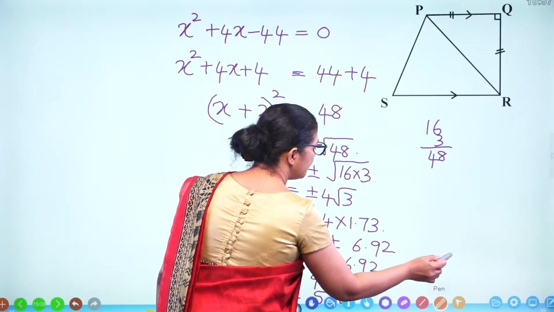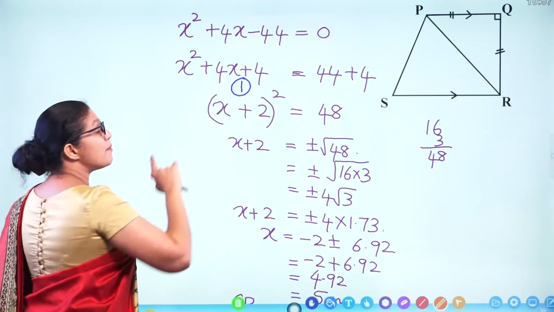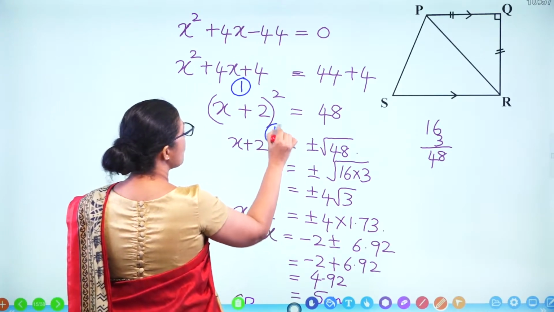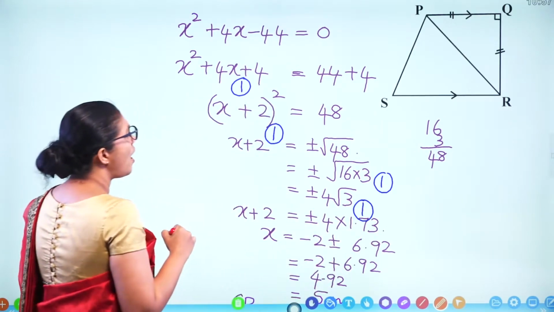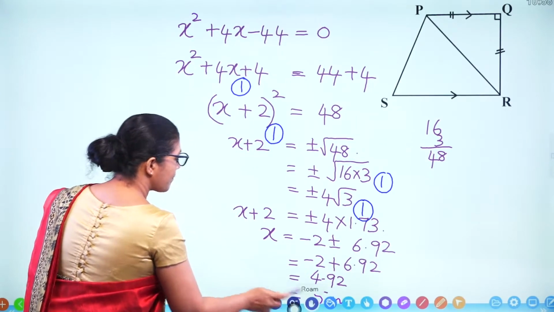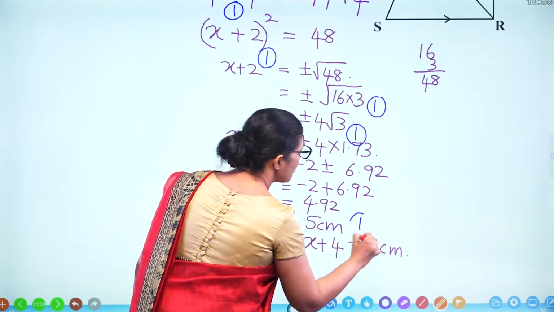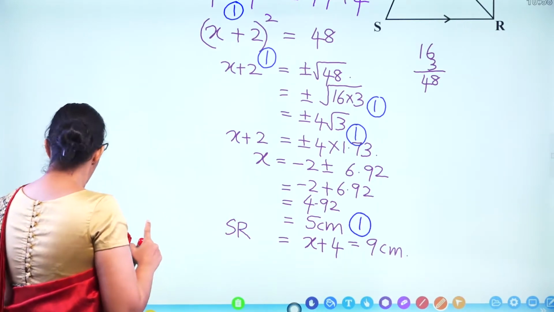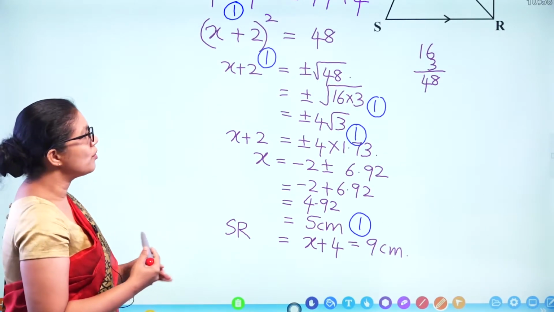So we'll give 1 mark for finding the additive, because making a perfect square, what's the amount we need to add? 1 mark for taking square root, 1 mark for simplifying and substitution, and 1 mark for finding this, and all together, this is 1 mark. 1, 2, 3, 4, 5, and 5 marks. Altogether 10 marks for the whole question.